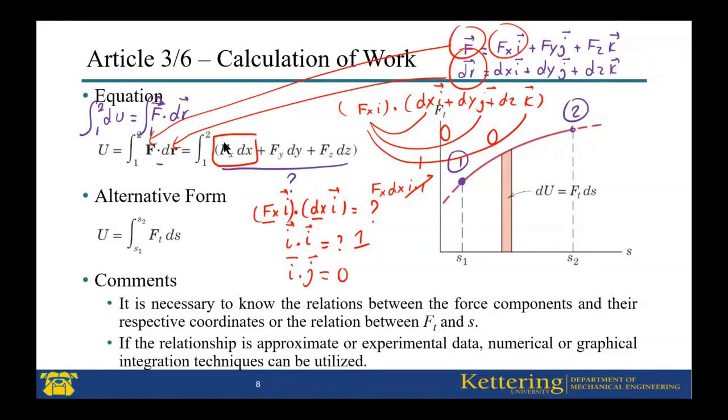If you continue this for Fy and Fz, you can find the other terms. Fx dx is the amount of work along the x direction, Fy dy is the work along the y direction, and Fz dz is the work moving along the z direction.